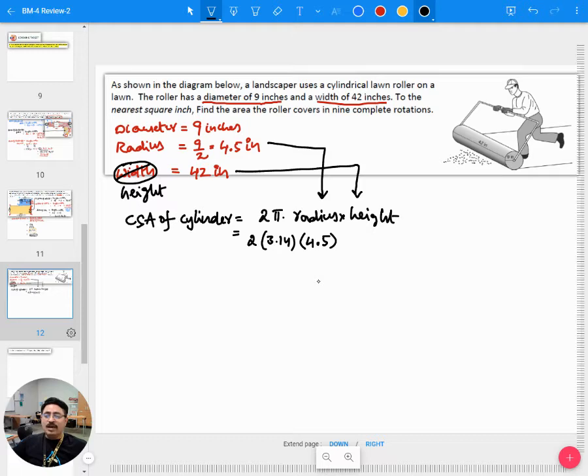Just plug in these numbers and you get the curved surface area of the cylinder. Let me use my calculator: 2 times 3.14 times 4.5 times 42. Then the answer is 1186.92.